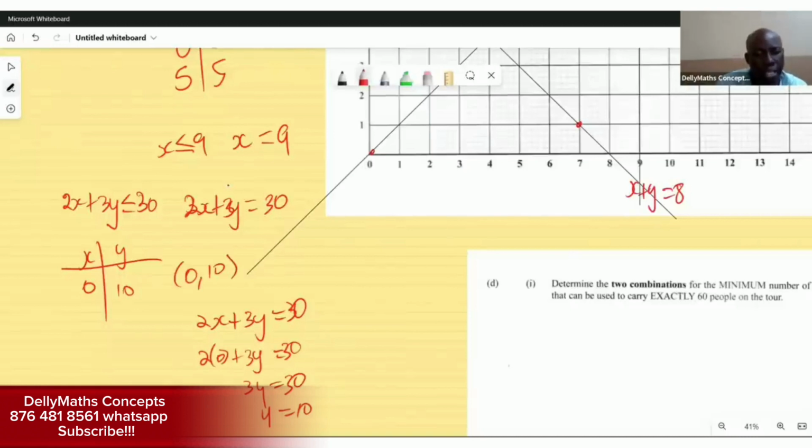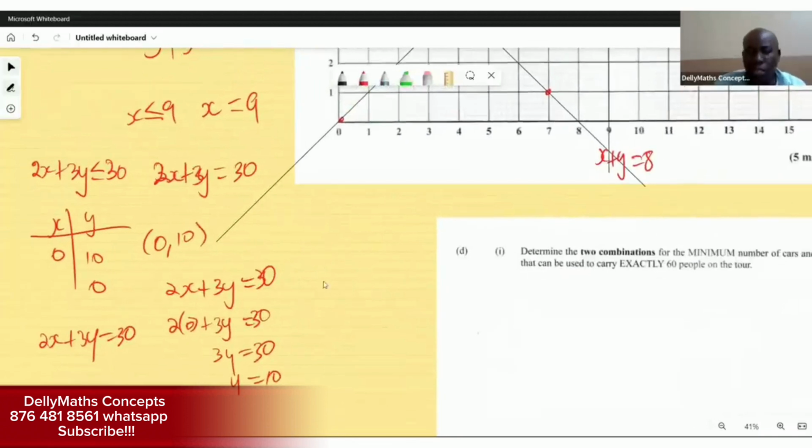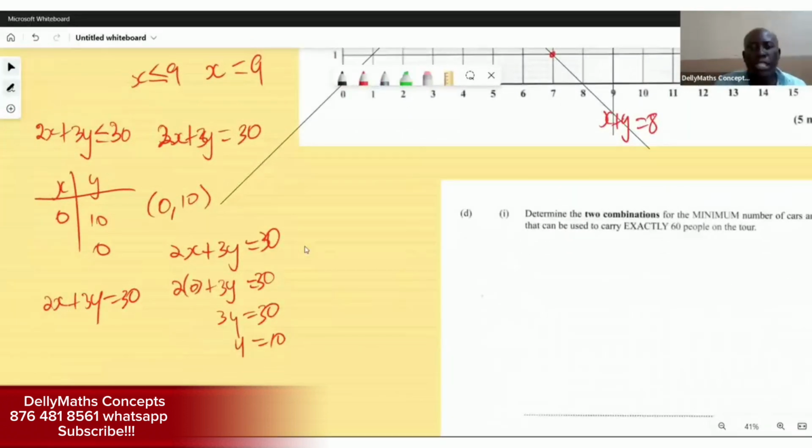Also, what if y is 0? Let's do it: 2x plus 3y equal 30. If you're wondering where I get the numbers, I'm picking numbers on my axis and substituting them. But I love to use a 0 first because it works very quickly and, less stress. So if y is 0, 3 times 0 equals 0, then we have 2x equal to 30.